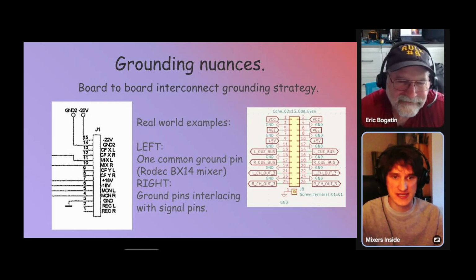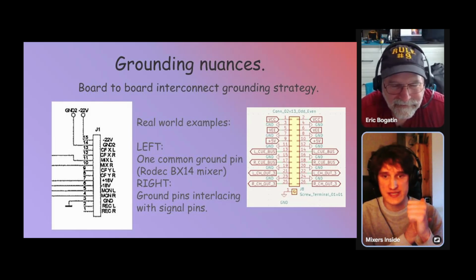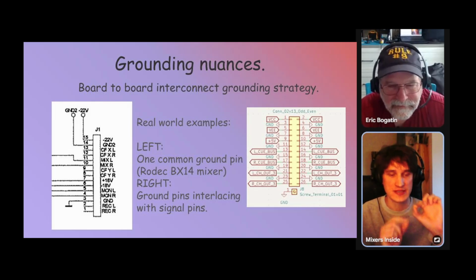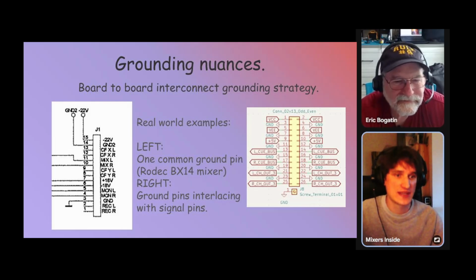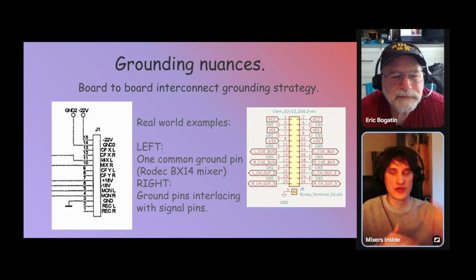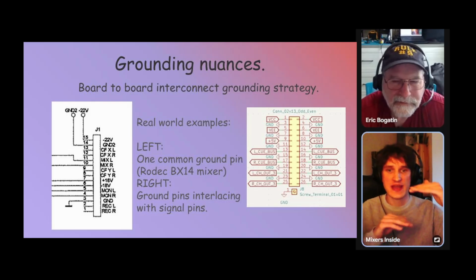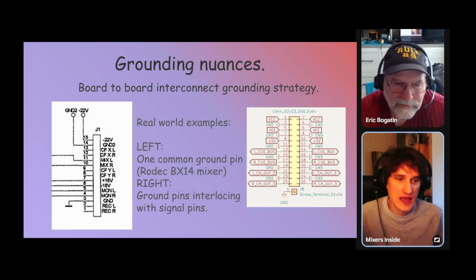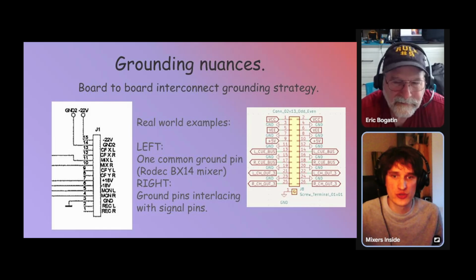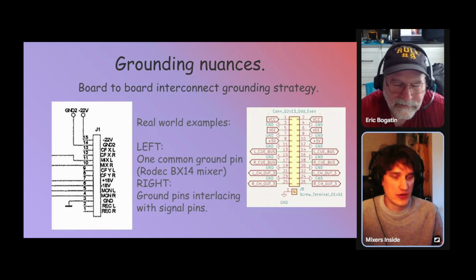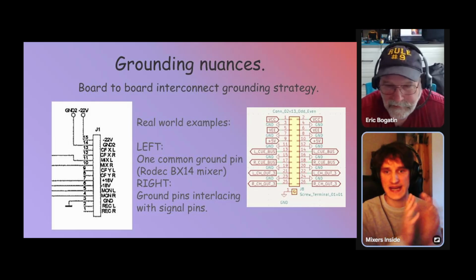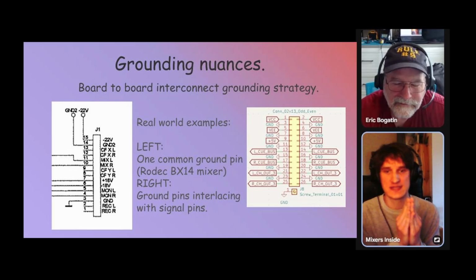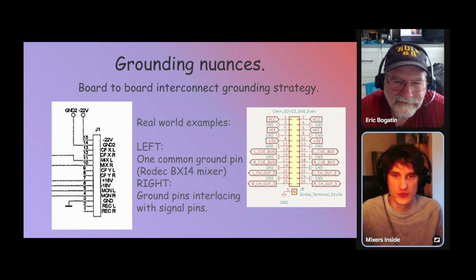All the signals flowing, even voltage rails and analog signals, all refer to this one pin. On the other hand, on the right, we have this ground interlacing. Every pin has its ground neighbor, let's call it. What's a better solution in terms of keeping the loops tight and keeping the return paths close to the dedicated signals?